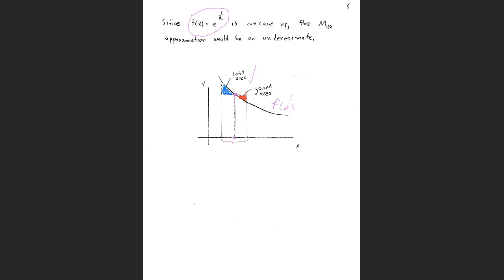Is it an overestimate or an underestimate? Underestimate? It's an underestimate, because even though we gained area here, we lost area too, using this approximation. And it would be the same for every rectangle.